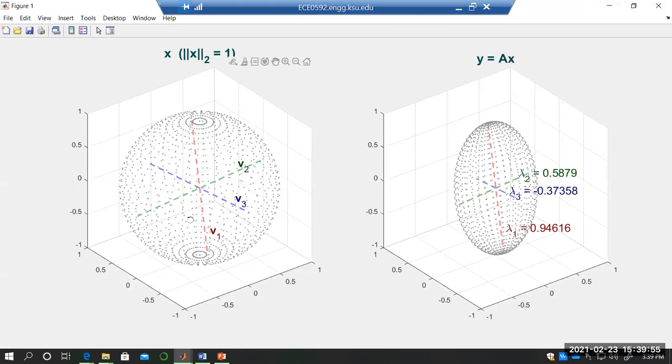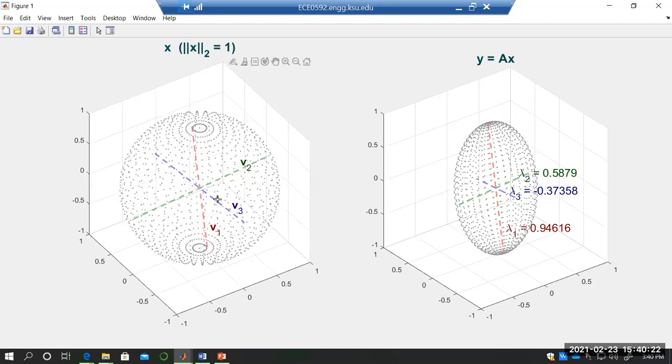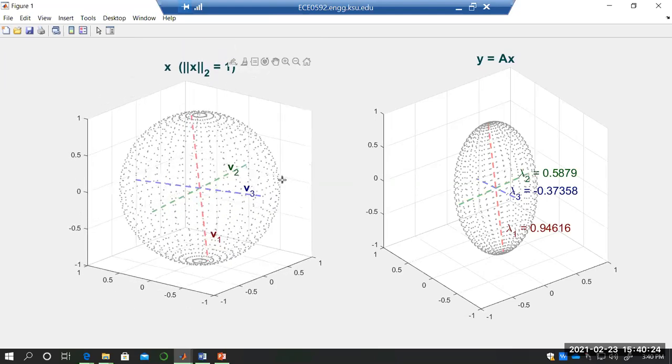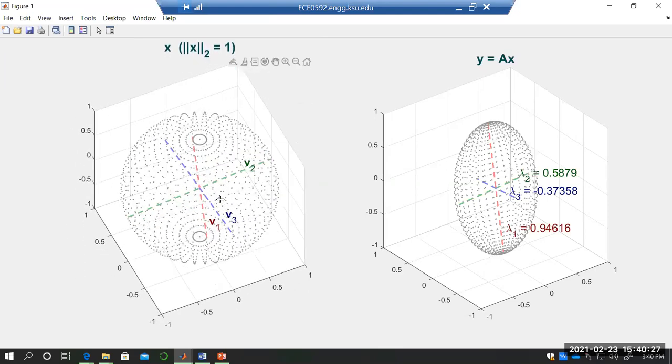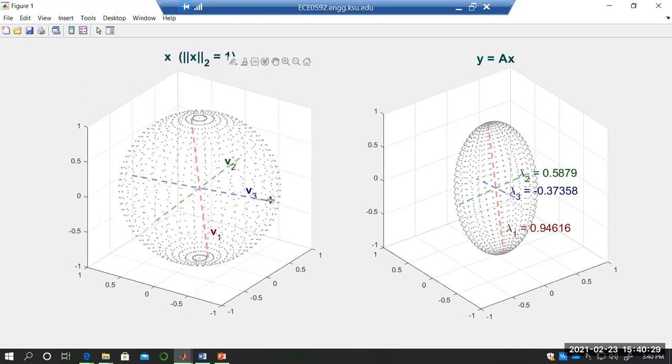Okay, so this red line from 0 to either the bottom here or the top here is v1. And you see, this is a unit sphere. I take the center of this unit sphere and join it to its surface, and I will get a unit vector. Okay, and v1, v2, and v3 are these, and you can rotate these and see clearly that they're mutually orthogonal, right? Because A is symmetric.